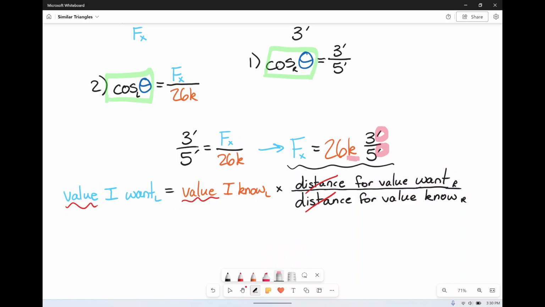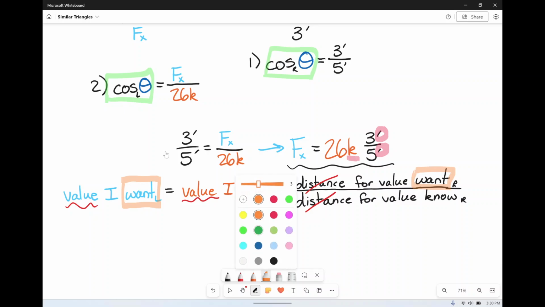However, I can cancel another thing. I can cancel my wants and my knows. So want and know are two different words. You see I have wants here, and I have knows. We'll pick a new color for them. Purple's good. There you go. And there's knows.